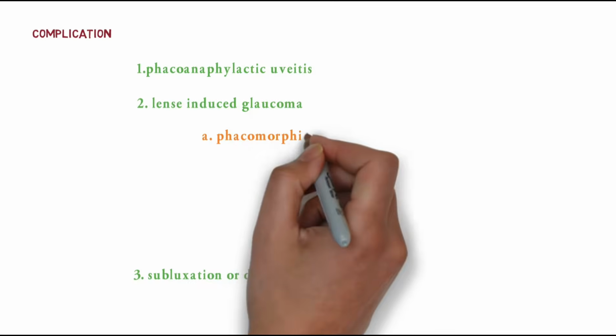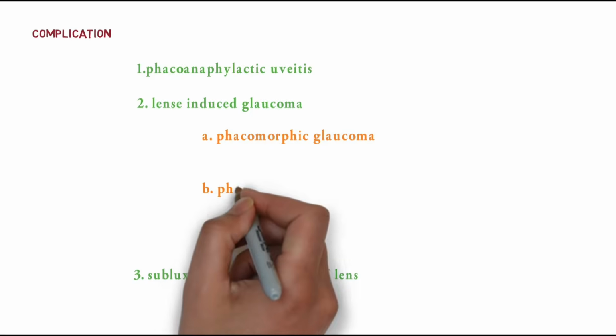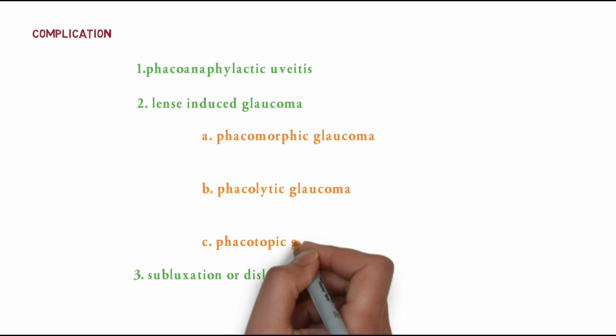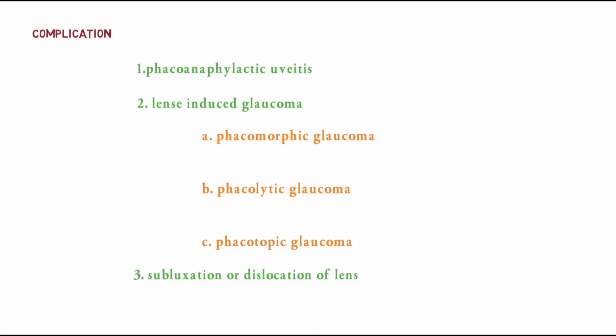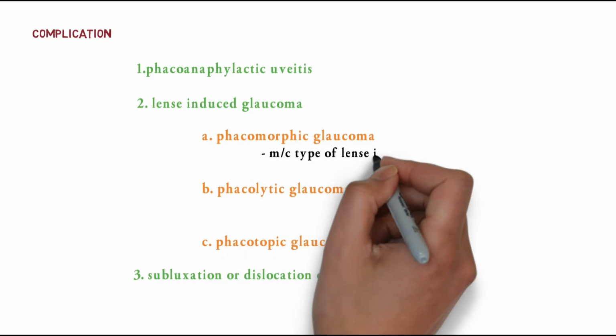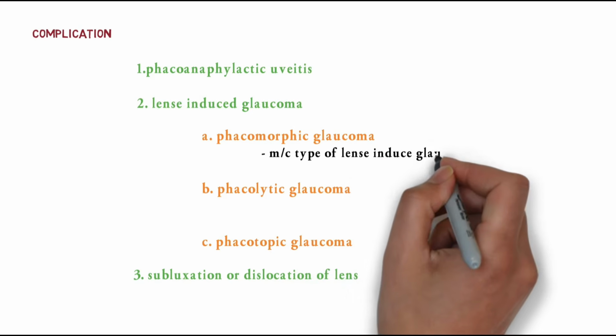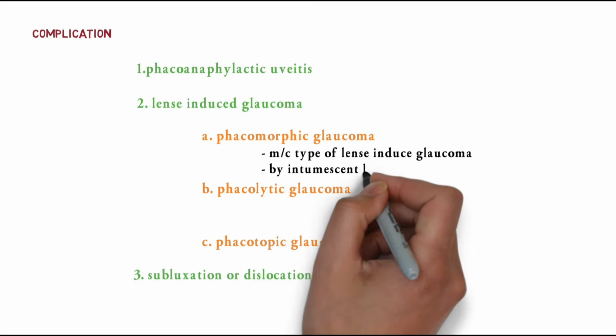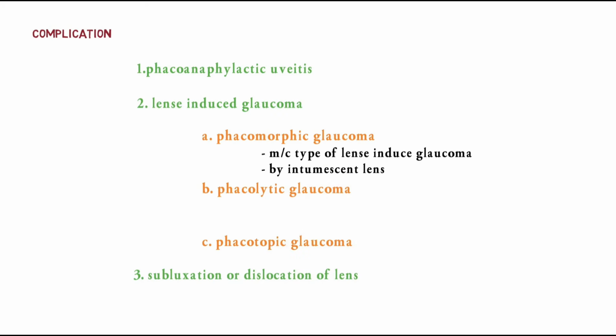The first one is phacomorphic glaucoma, the second one is phacolytic glaucoma, and the third one is phacotopic glaucoma. Phacomorphic glaucoma is the most common type of lens-induced glaucoma, caused by an intumescent lens. Remember that intumescent cataract is found in the stage of immature senile cataract and occurs due to continuous hydration of the lens.